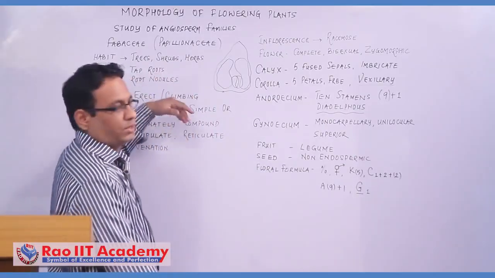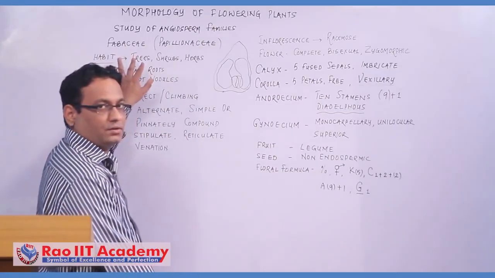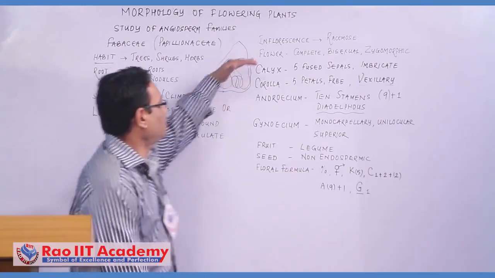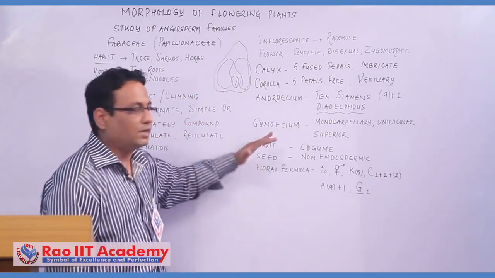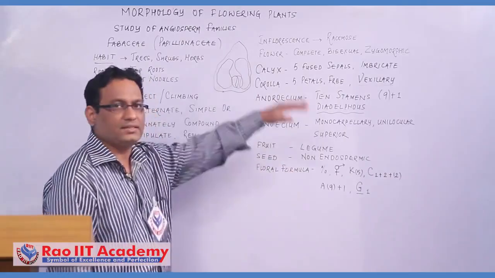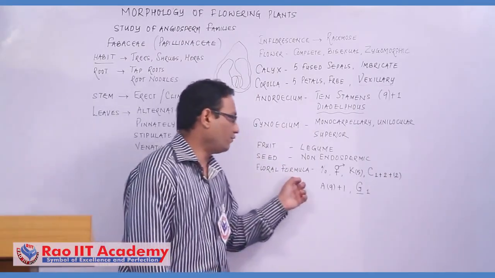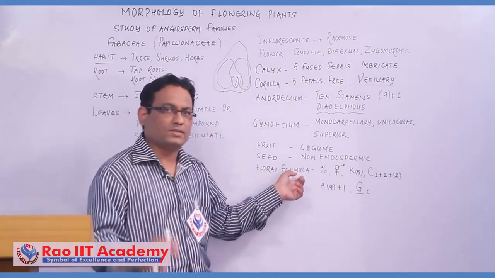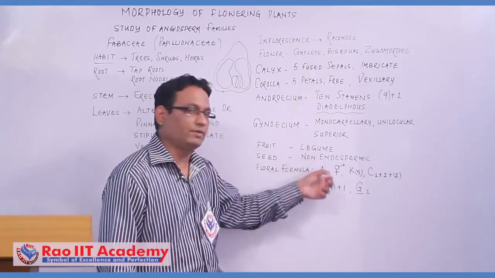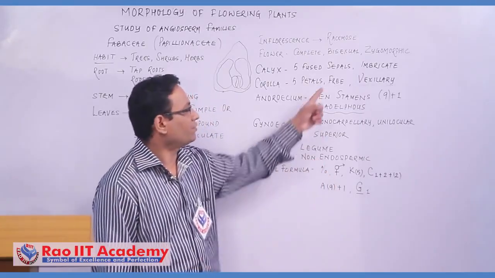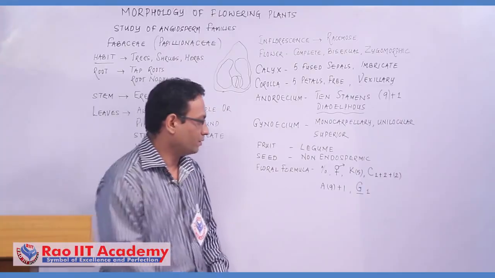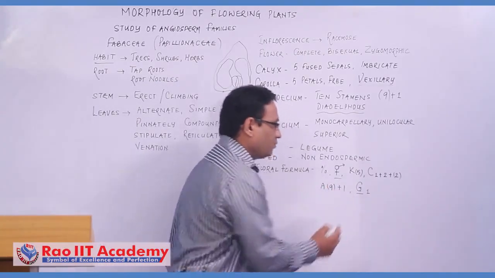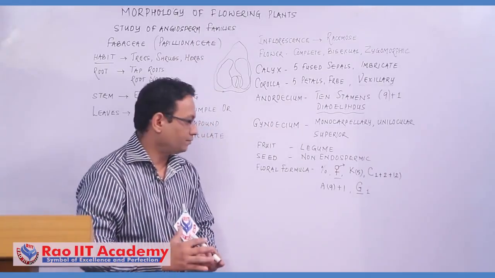Now, as I told you earlier, once we go through the habit, the vegetative structures and the reproductive structures, we sum it up. We summarize this entire description through the floral formula. As discussed earlier, we have this oblique line with two dots explaining the zygomorphic nature of the flower. This symbol explains that both the essential whorls are present.